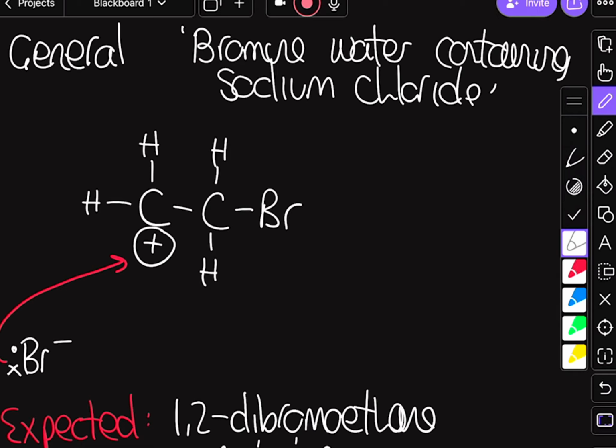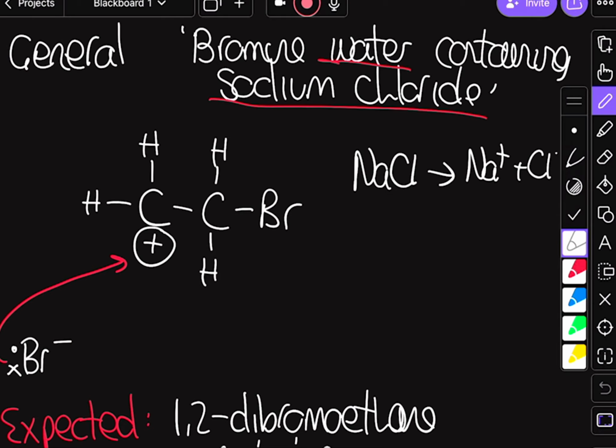With this statement up here, they want you to recognize what are the negative ions in these things. So we will look at sodium chloride first. So when we put sodium chloride into water, NaCl, it dissociates into Na plus and Cl minus.